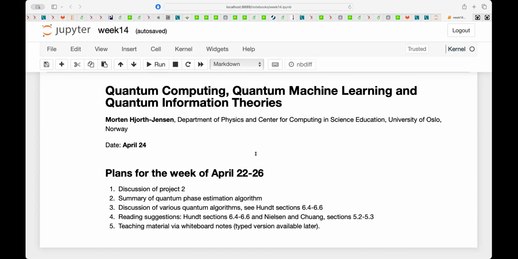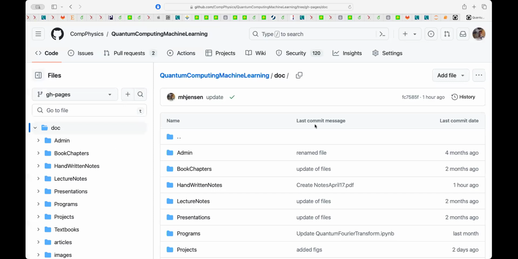But I wanted to point to you where we have the projects, so that we can have a small discussion of them. And I was also thinking that for the remaining parts of the semester, we will typically have 15 weeks of lectures, but then we are going to use these sessions for discussions of the projects till the end of May.